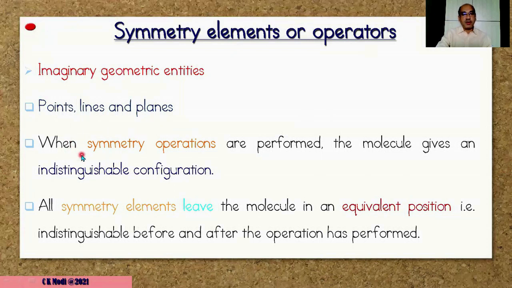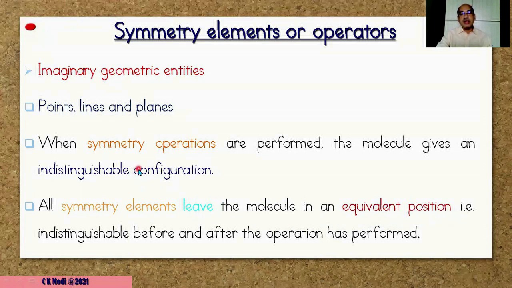When symmetry operations are performed on a molecule, they give an indistinguishable configuration. Suppose we perform an operation on the molecule, and after performing it we get an indistinguishable structure. Then we can say that the molecule has symmetry. All symmetry elements leave the molecule in equivalent positions.